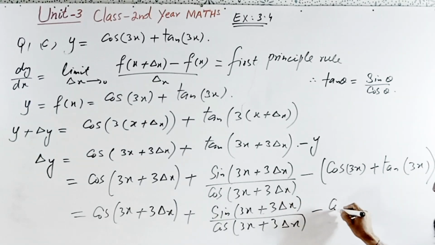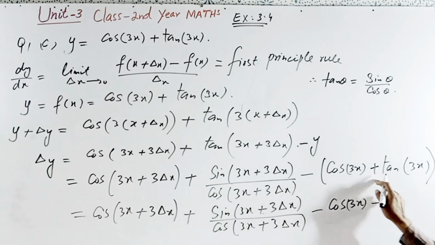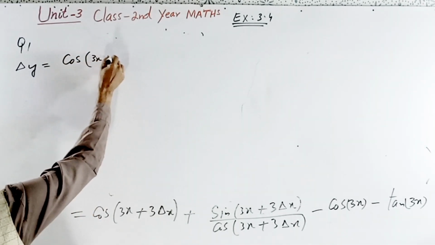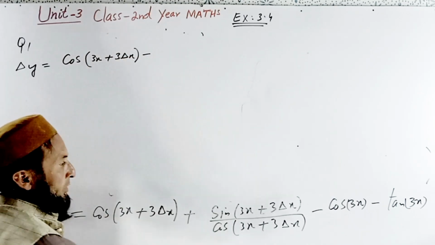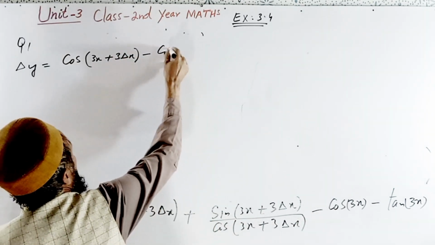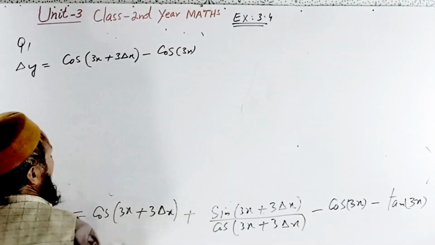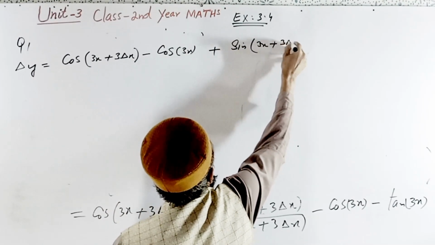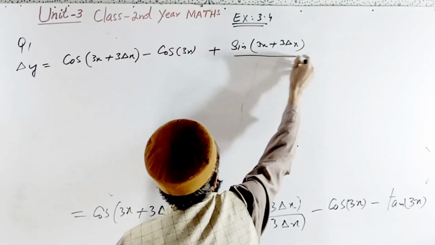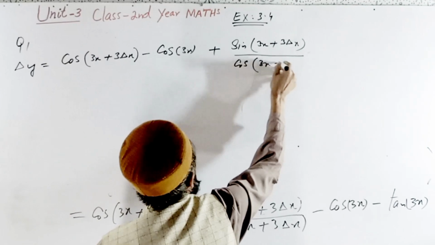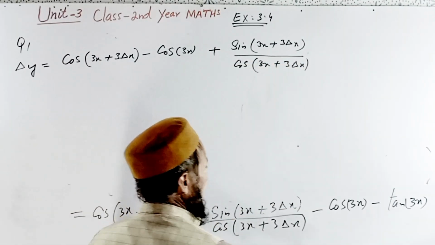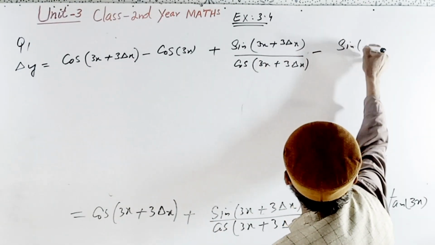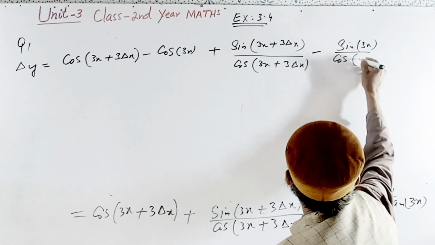So minus, we open the bracket: cos 3x. So we get cos of 3x plus 3 delta x minus cos 3x, plus sine of 3x plus 3 delta x divided by cos of 3x plus 3 delta x, minus tangent, which we write as sine 3x divided by cos 3x.